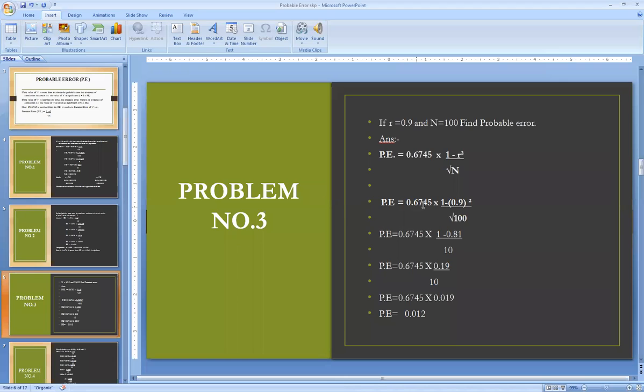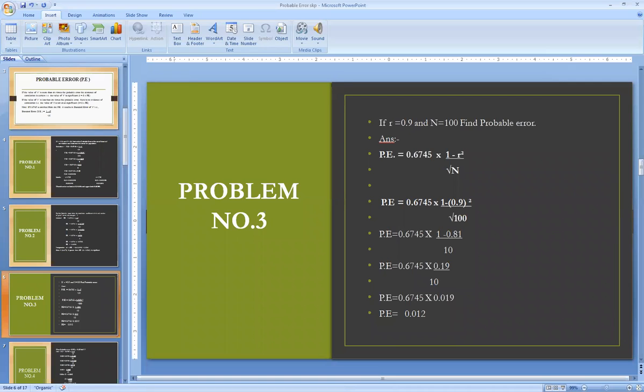Substitute the values in the formula. That is 0.6745 into 1 minus 0.9, the correlation value, squared, then divided by root n. PE equals 0.6745 into 1 minus 0.9 into 0.9. The value is how much? 0.81, divided by the square root of 100, which is 10.